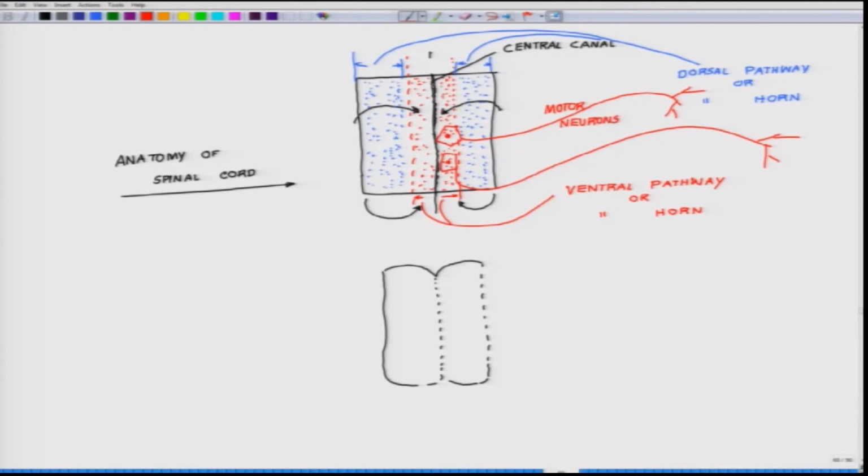Whereas there are neurons which are sitting here and their processes are pointing towards the upper side or towards the brain, and they receive signal, a lot of signals like this. So, these blue color neurons, what I drew for you, these are called sensory neurons.